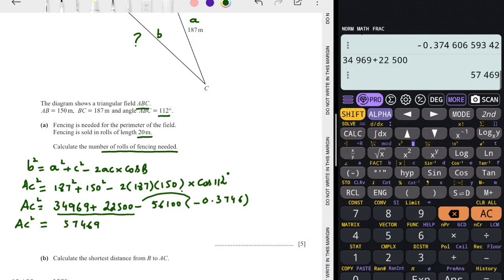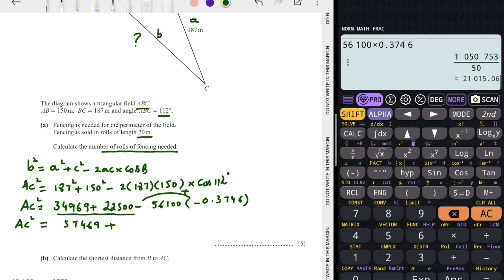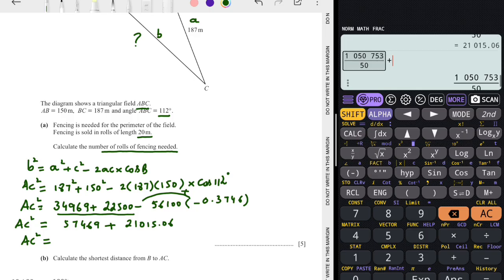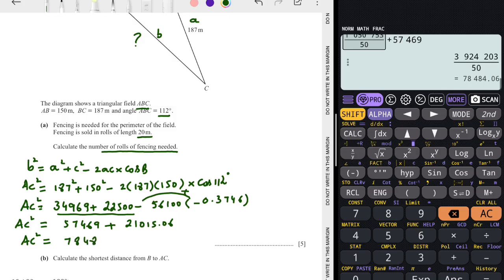Minus minus plus, 56100 multiplied by 0.3746 is equal to 21015.06. We are going to add them. AC square is equal to 57469 plus 21015.06, which is 78484.06. Now take a root.